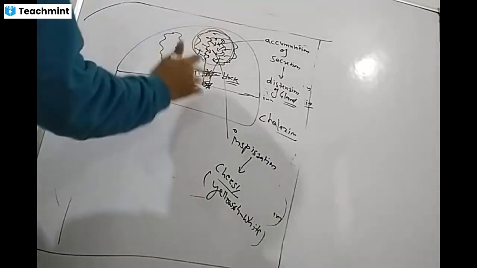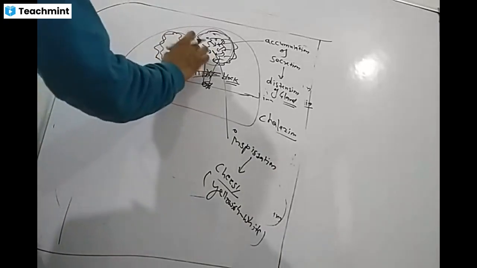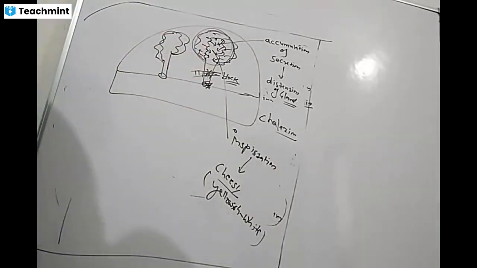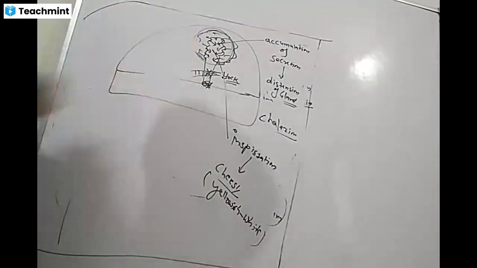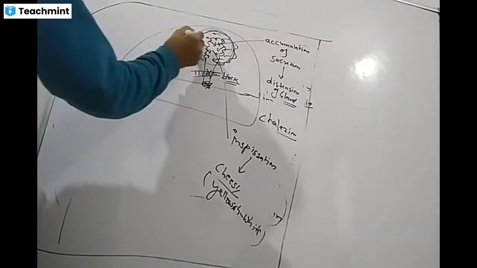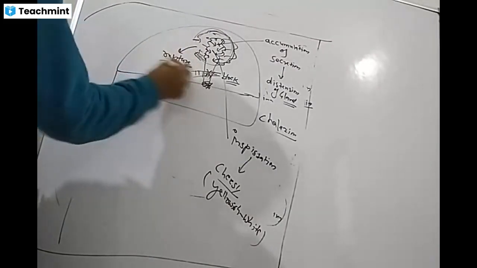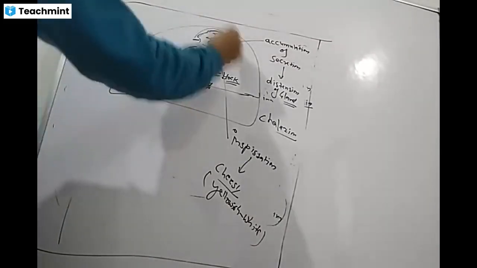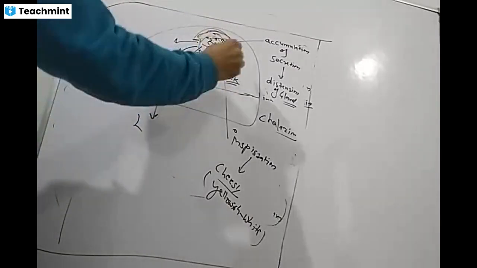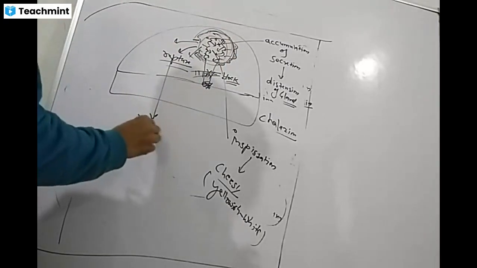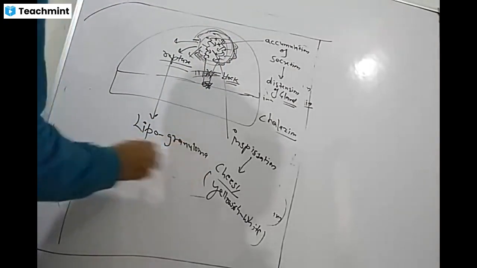So if this gland, due to over accumulation, ruptures, then the gland being filled with sebaceous, lipid material may lead to lipogranuloma formation.